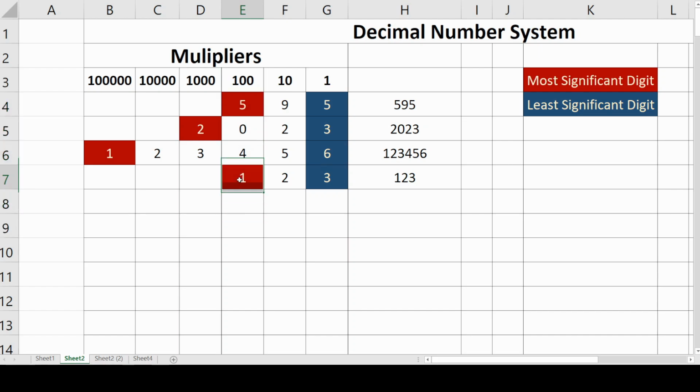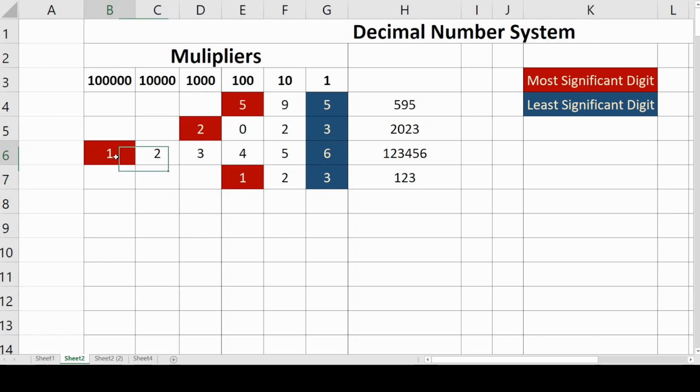So this 1 is not just 1, it is a 100, and this is not just a 2, it is 20, and this is actually only a 3. So out of this 1, 2, and 3, 1 is called the most significant digit, and 3 is called the least significant digit. Least significant means it is the least important. This one is the most important. Although this is very small, it is the most important.